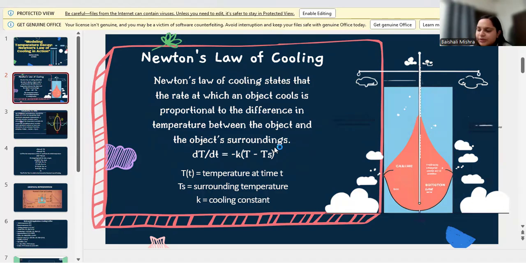This equation is a first order differential equation because it contains the rate of change of temperature and involves only the first order derivative, no second or higher order derivative. To find the actual temperature function that tells us how temperature changes over time, we will now solve this equation. Now we will see the mathematical derivation of Newton's law of cooling.